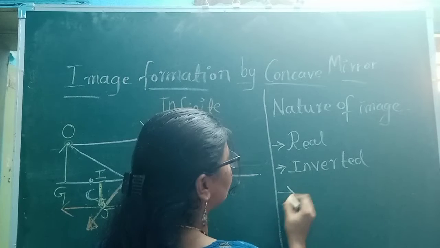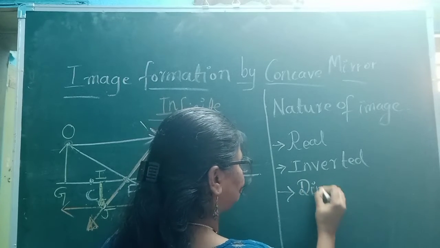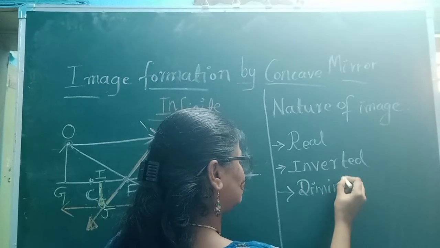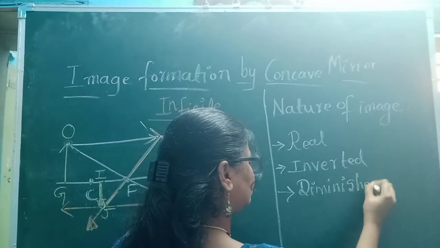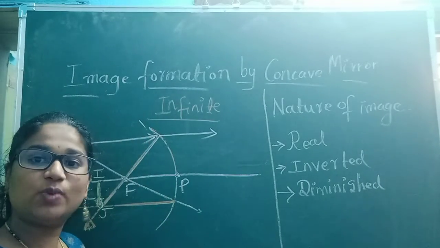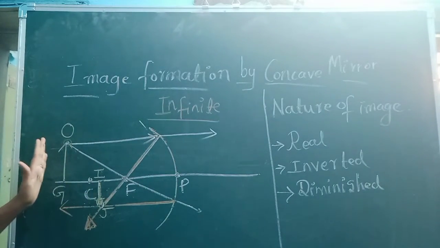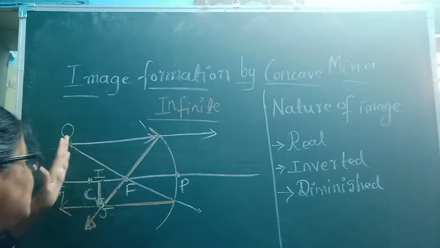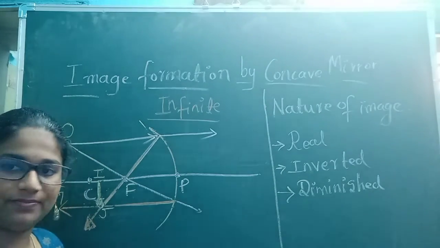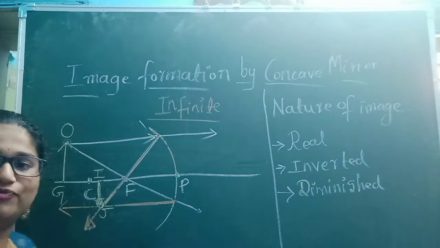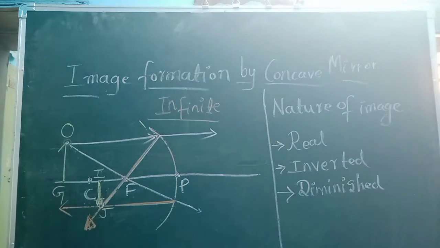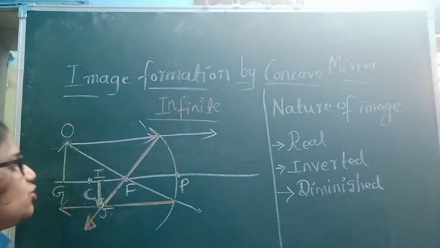The third one is, it is diminished. So this is when an object is placed at a far distance, that is beyond the radius of curvature. This is where an image will be formed. Okay. This is the case, and this will be the nature of image.